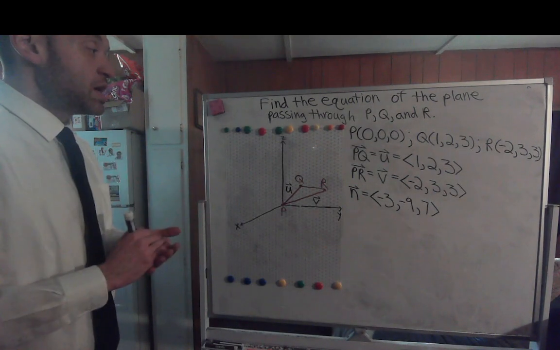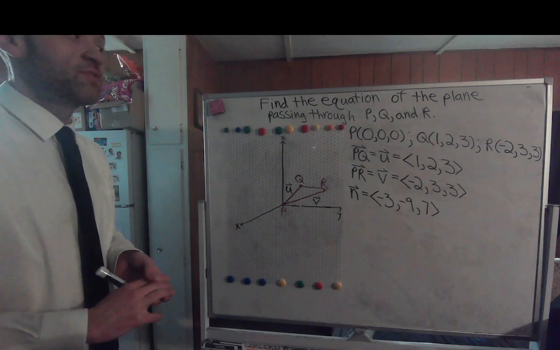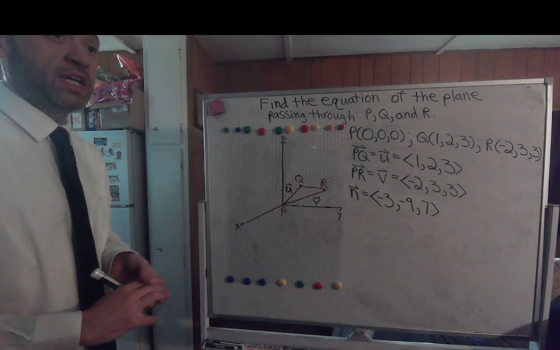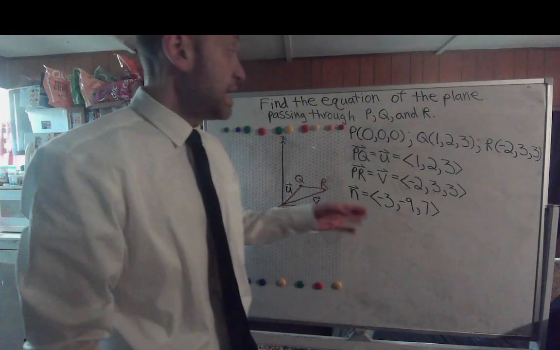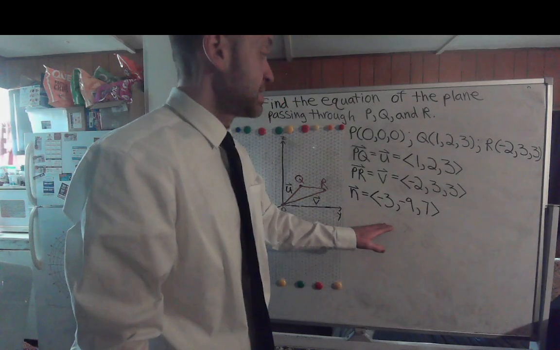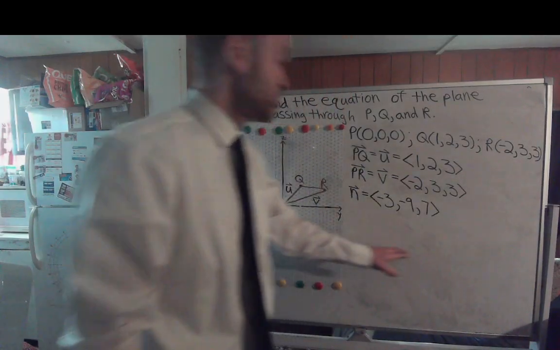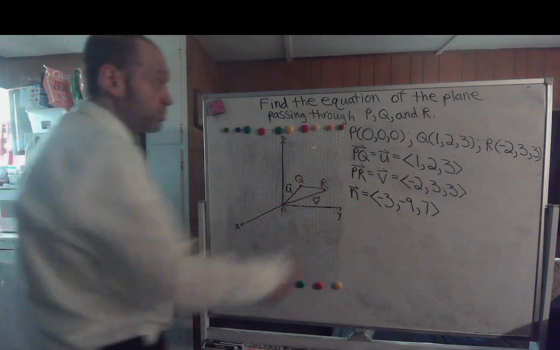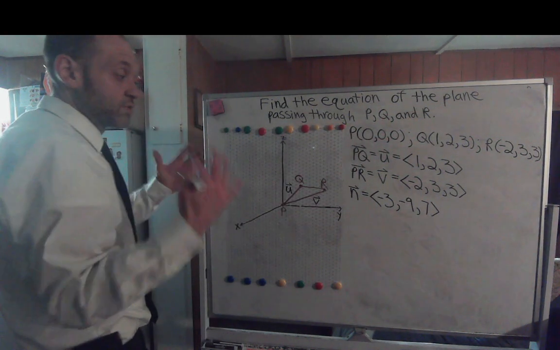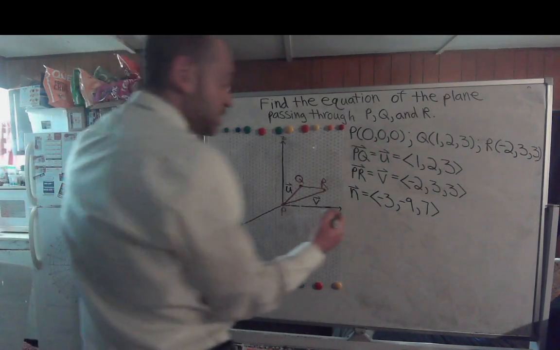And just like the equation of a line, the equation of a plane is also not unique if you have multiple points. You can pick any single one of these points and you should come up with the same equation. So let's go ahead and pick point P, just for simplicity's sake, being 0, 0, 0.